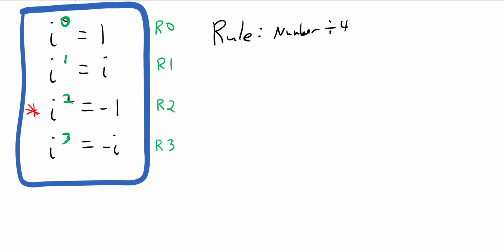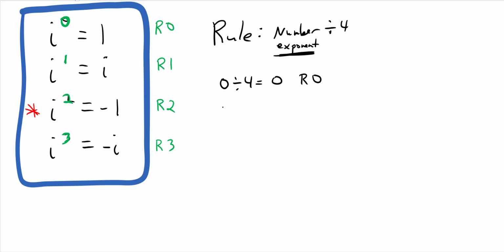Okay, because there are 4 possibilities here: out of the 0, out of the 1, out of the 2, out of the 3. You want to take the number and divide it by 4. When I say the number, I really mean the exponent. Okay, that's important. You take the exponent and you divide it by 4. So if I do 0 divided by 4, that's going to give me 0. So this is the remainder of 0.